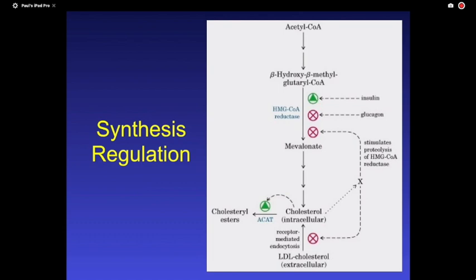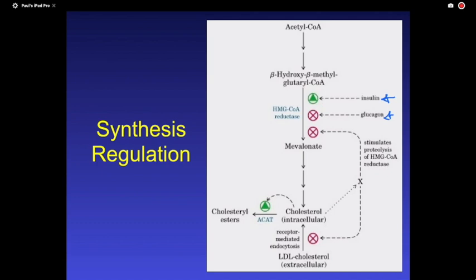Now, how do we normally think about regulating the synthesis? We have talked a little bit about this before, but remember, insulin is going to enhance the committed step. Glucagon will inhibit the committed step.